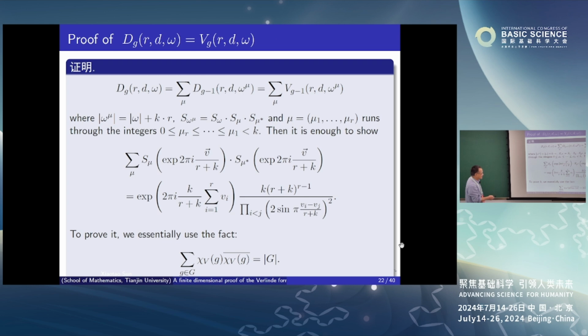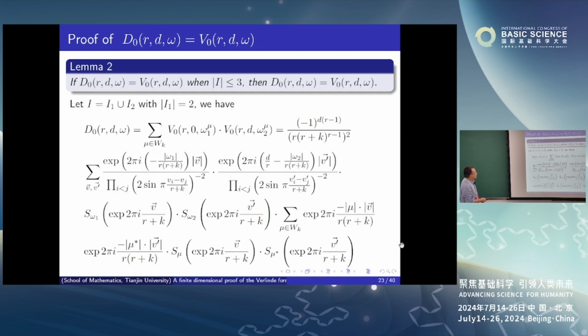Then let's make some computation. The computation looks, but is not difficult. In fact, we mainly use such facts as representations of finite groups. Anyway, now we reduce to proving this equality for G equal to 0, namely C is P1.